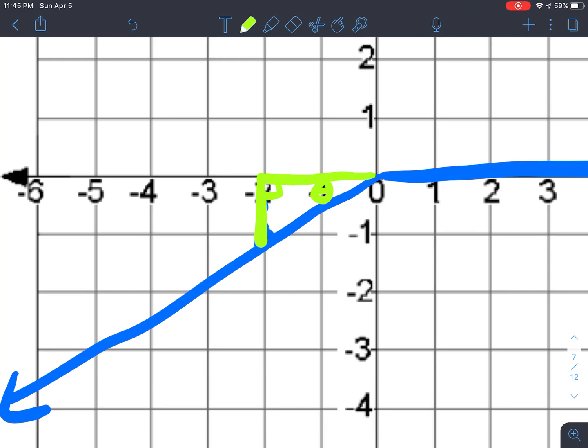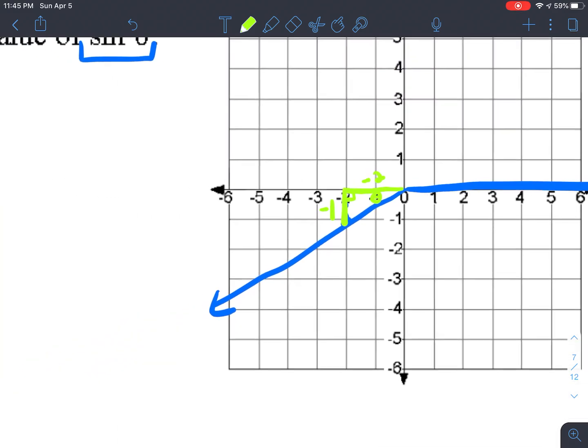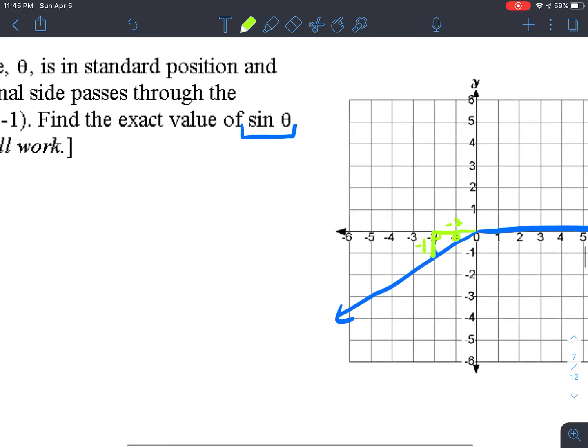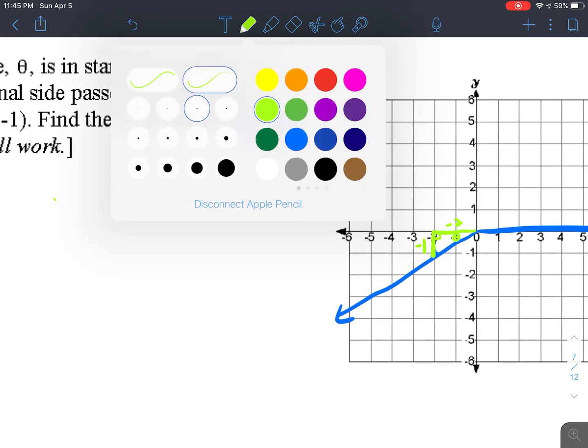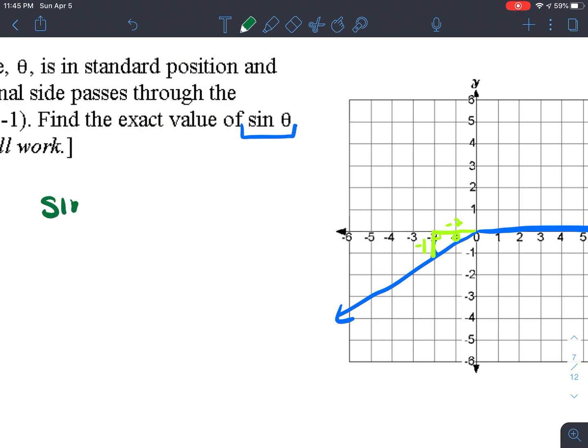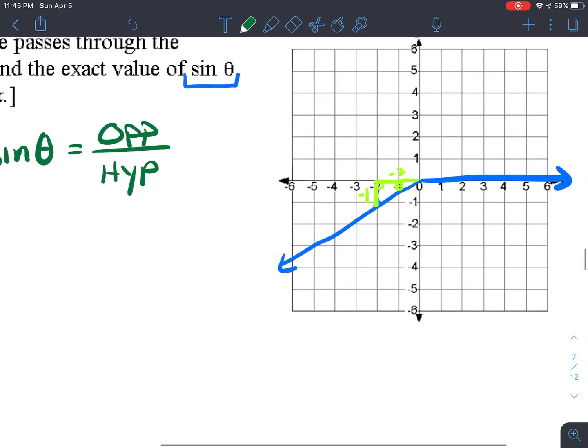And the sides corresponding to their x value of negative 2 and y value negative 1. So what are we looking for? We're looking for sine. So let's pick a different color. Sine of theta is equal to my opposite over my hypotenuse. Well, I'm going to need to find my hypotenuse by doing the Pythagorean theorem.